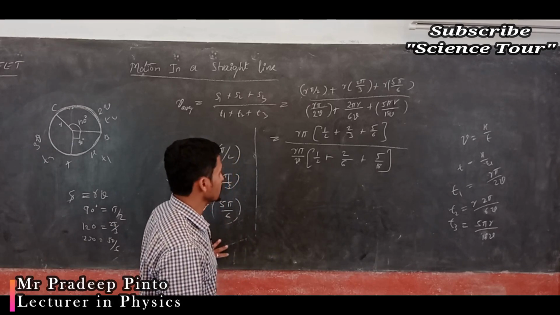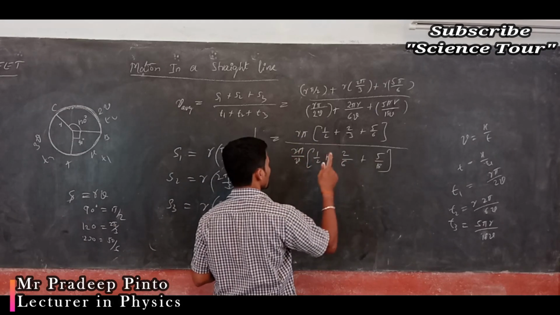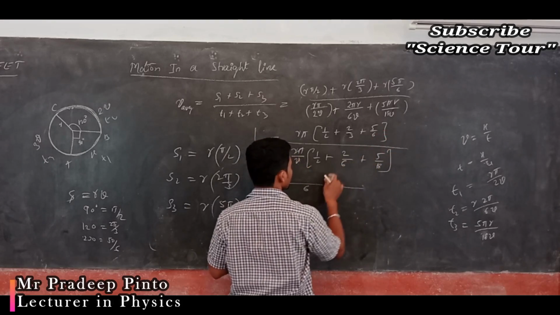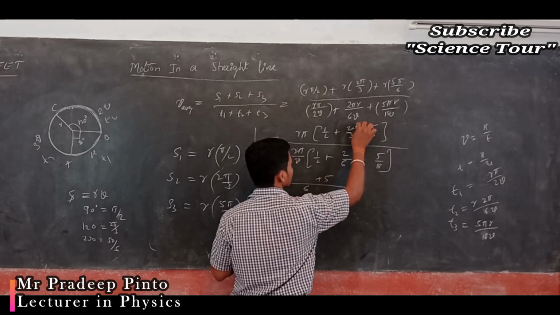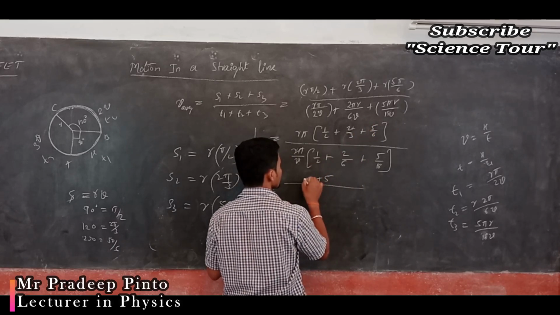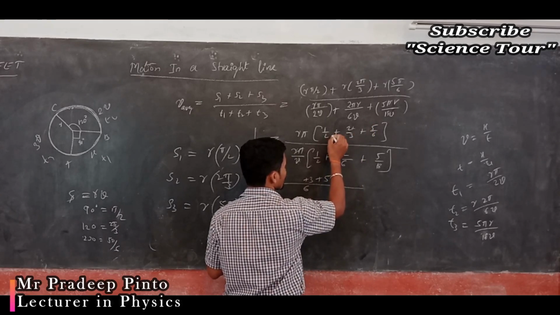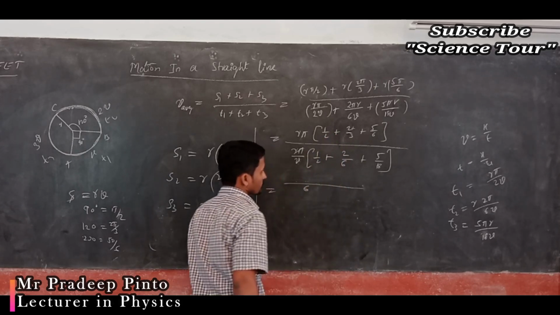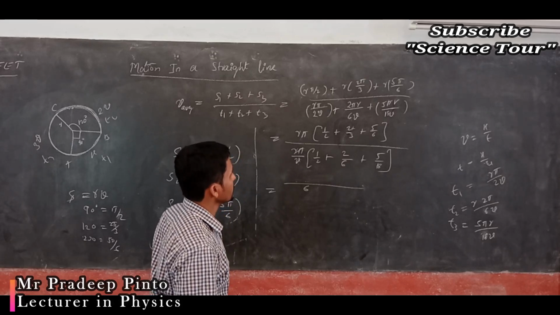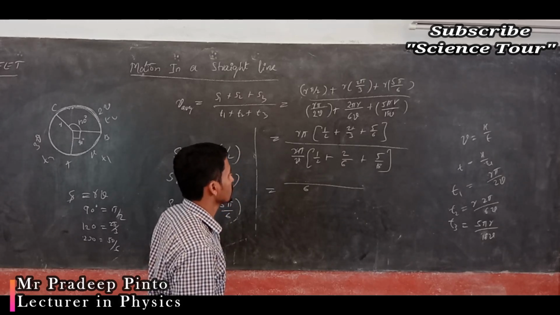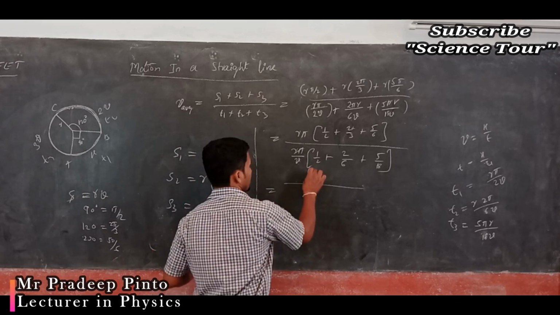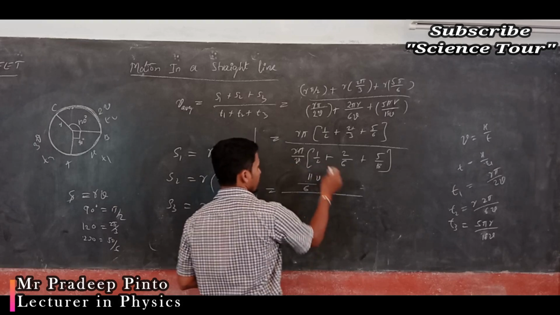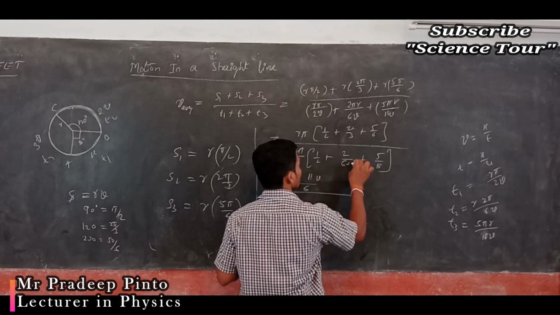R pi cancels, and 1 by V goes to the numerator. Here 6 is the common denominator, and in the denominator 18 is the common denominator.